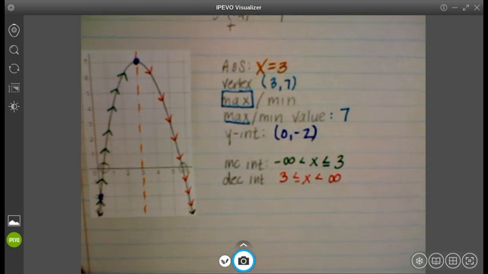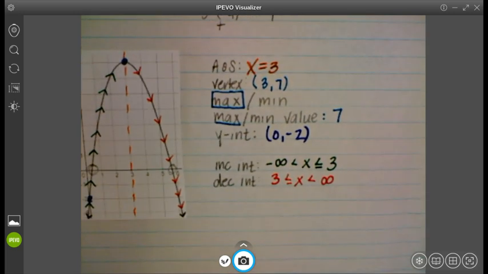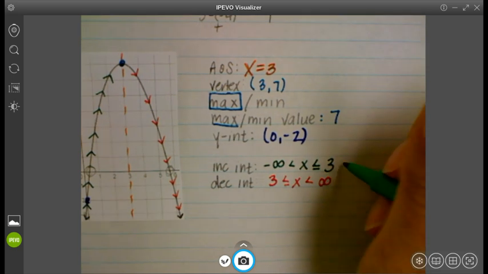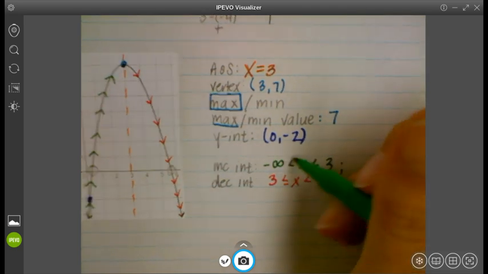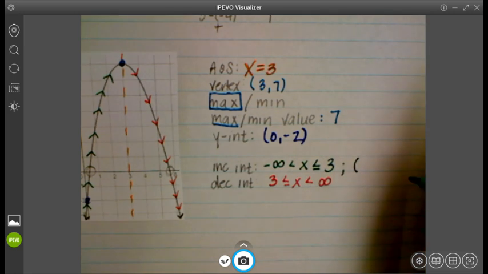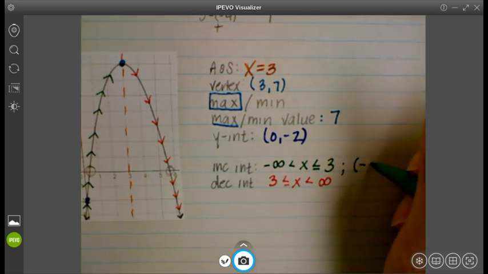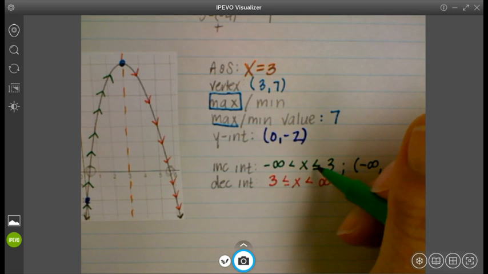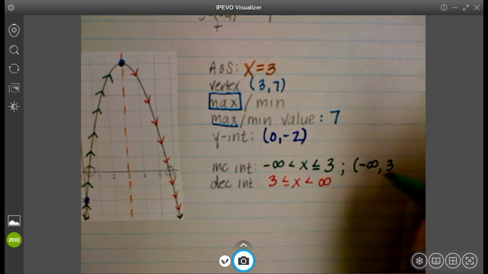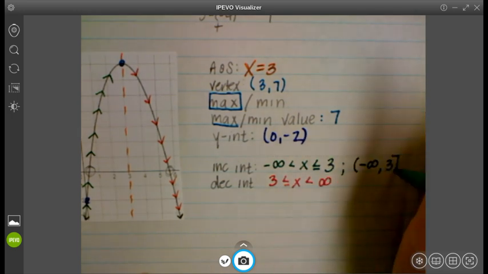Now let's go ahead and write those intervals in interval notation as well. So for increasing, because it's not equal to at negative infinity, we use a parenthesis. Negative infinity, comma, all the way to positive 3. And because it is equal to at positive 3, we use a bracket.